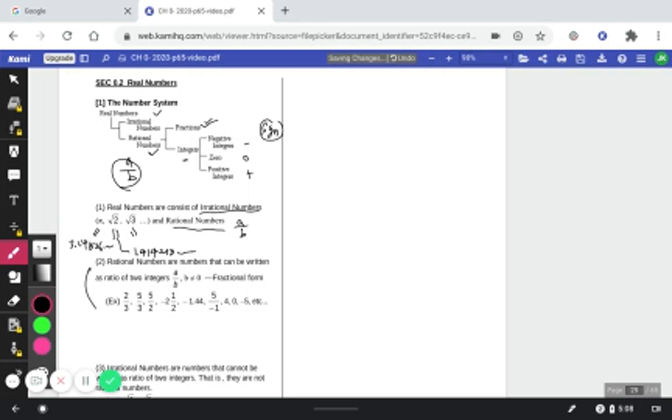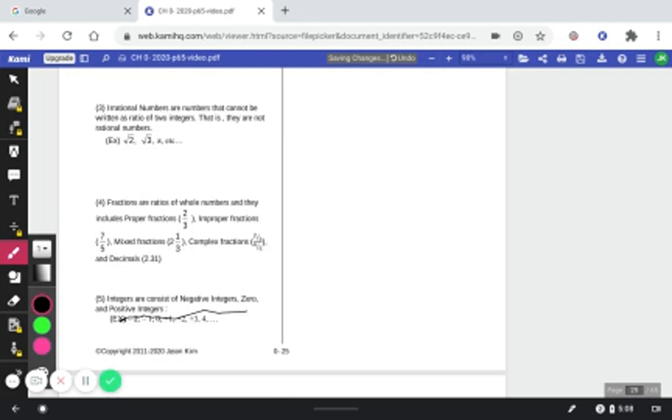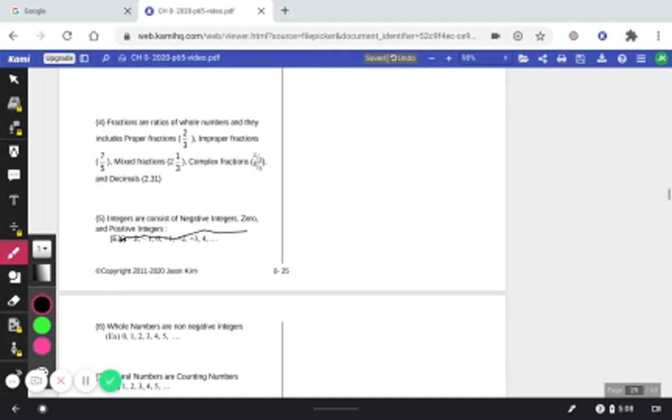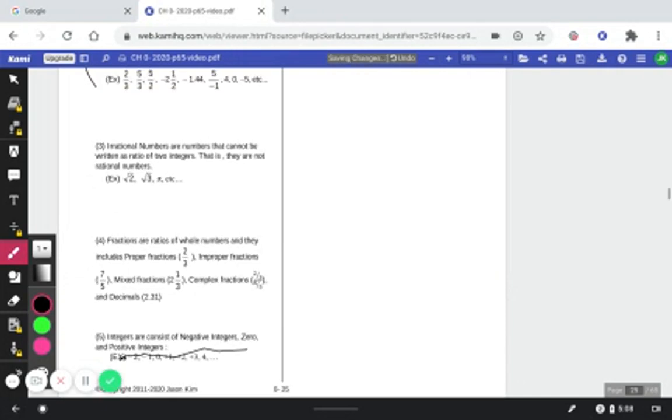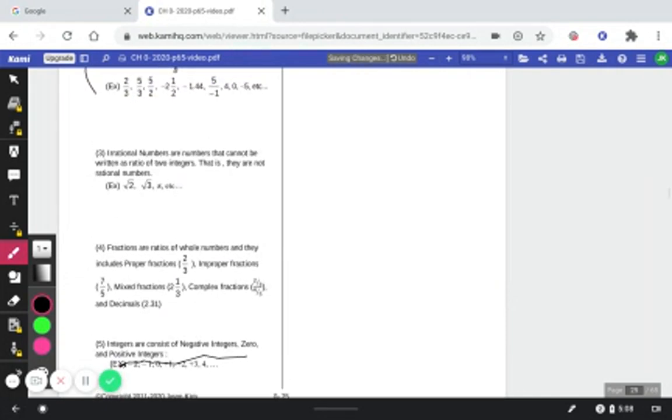So all those numbers that we talked about prior are rational numbers. Now, irrational numbers are again like radical 2, radical 3, and pi.